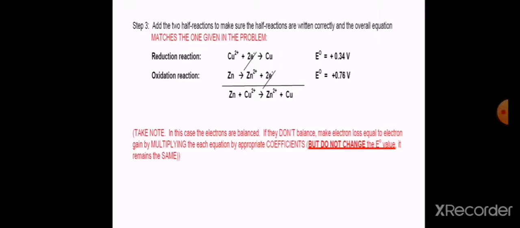So pag pinag-add natin yung mga substances in the reduction reaction and oxidation reactions, magka-come up tayo dun sa original problem. Okay?